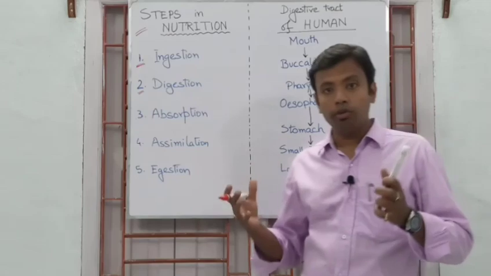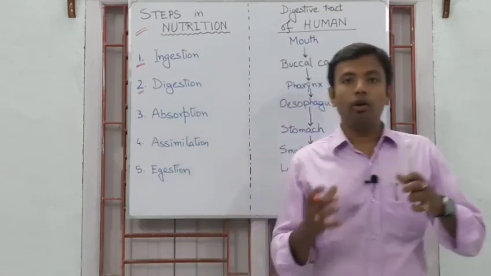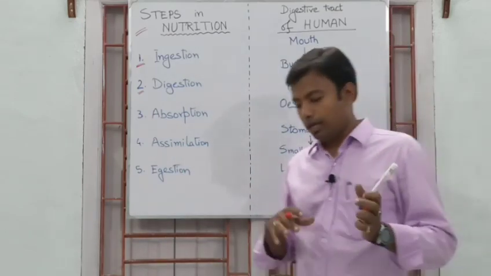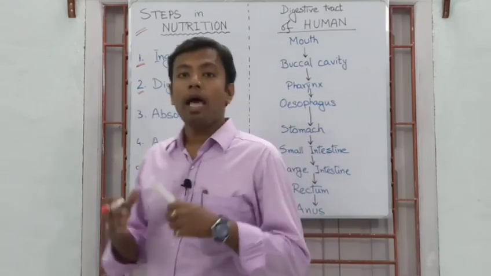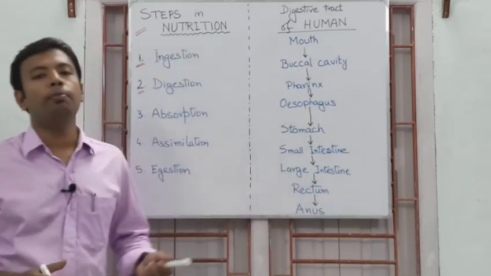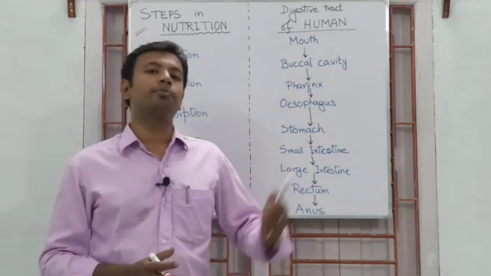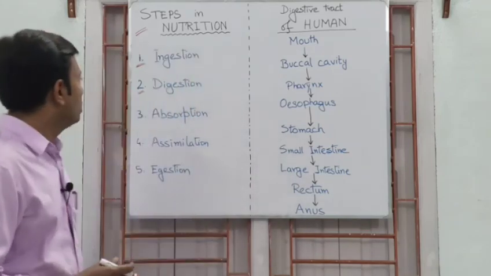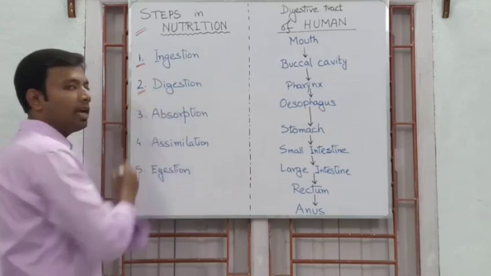We all know that carbohydrate, protein or fat get converted into glucose, amino acids or fatty acid and glycerol respectively with the help of different enzymes in respective body parts. So this is our second step, digestion.